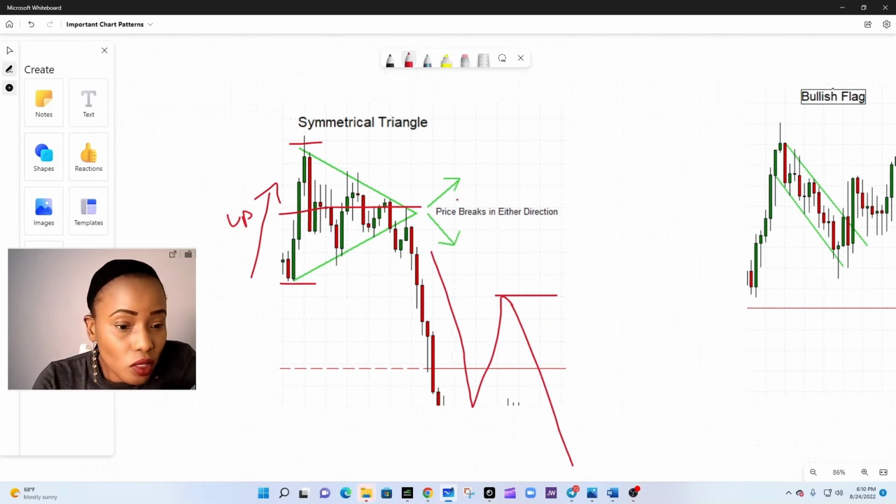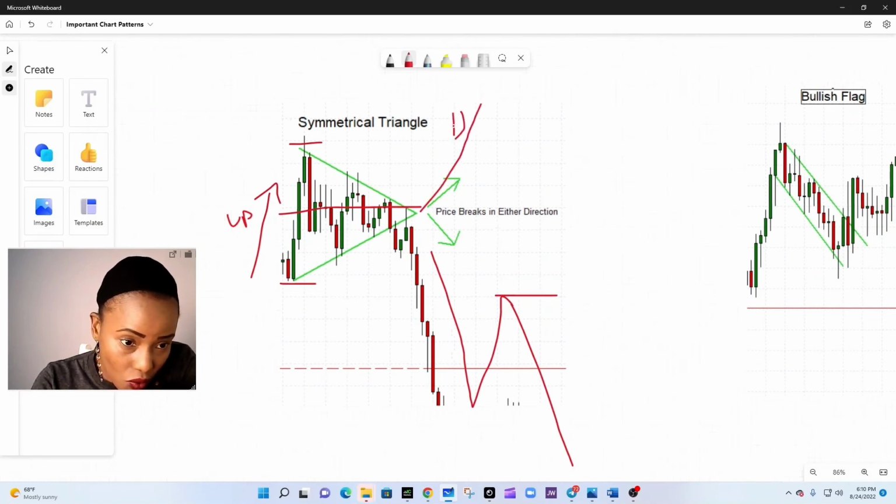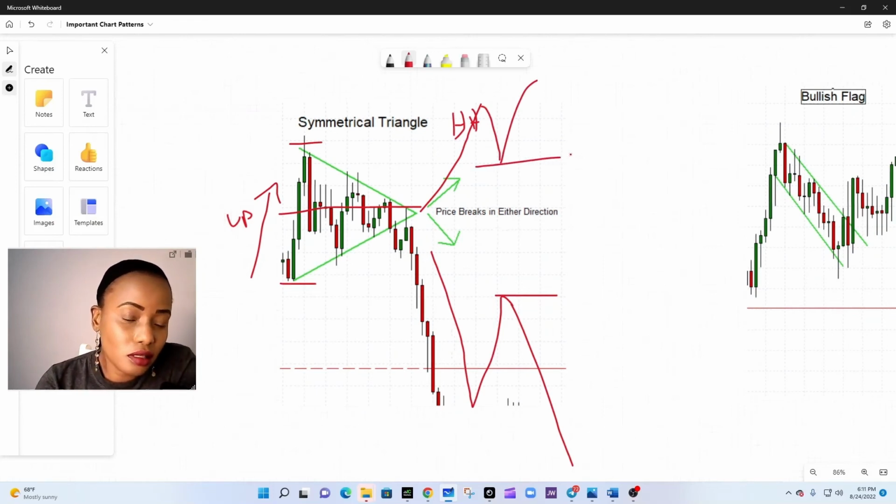Same happens with the opposite side. If the price broke out towards the high, then price will form a higher high. When the price forms a higher high, you wait for a retest here, and then enter your trades at discounted areas. So it's that simple.